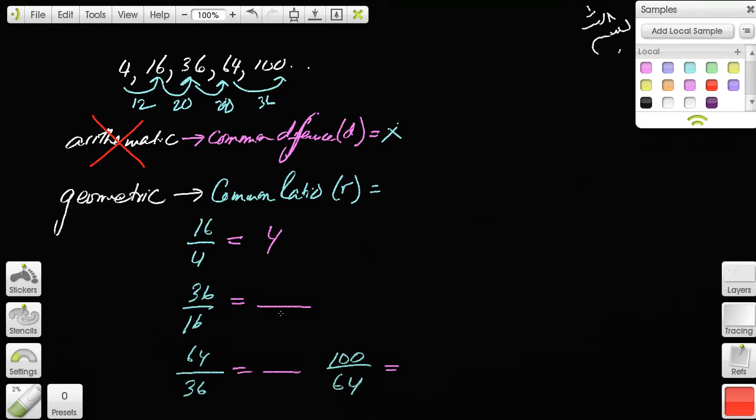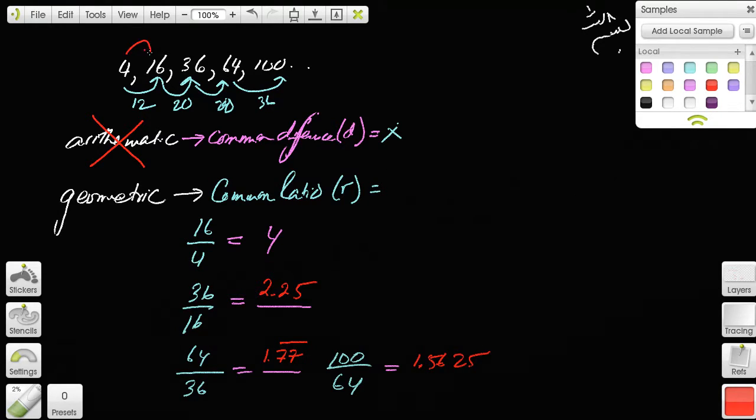We can humor ourselves and complete it. 36 divided by 16 is 2.25. Then 64 divided by 36 is 1.7 repeating. And then 100 divided by 64 is 1.5625.